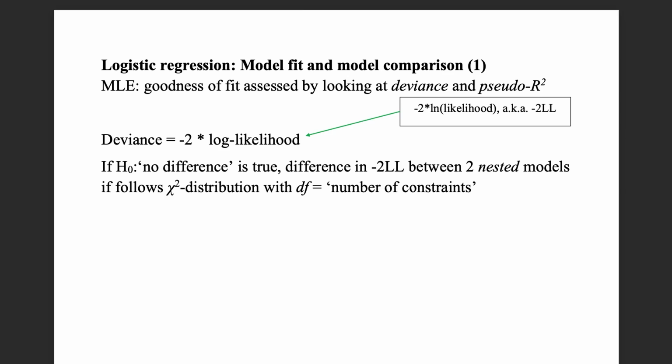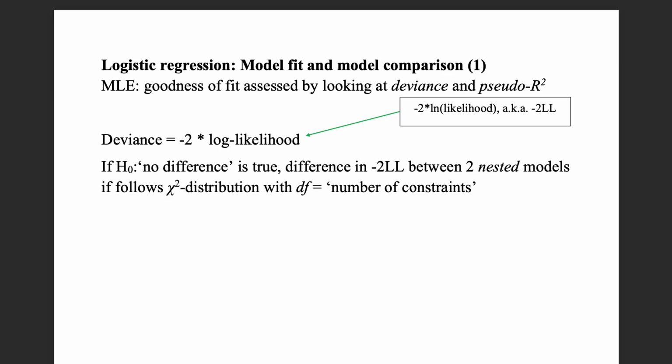One of the main reasons it is common to transform the likelihood into the -2 times log likelihood, so the deviance, is because this deviance we can actually use to test null hypotheses about the difference in goodness of fit between different nested models.